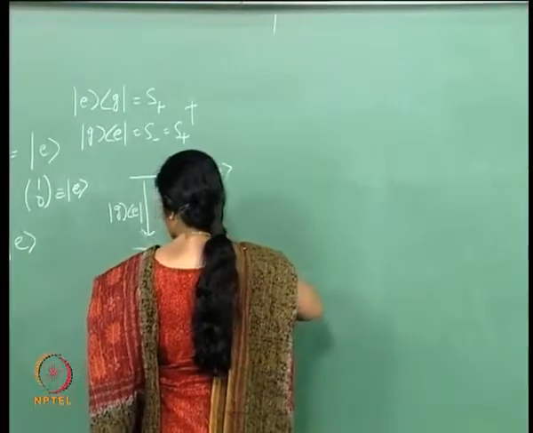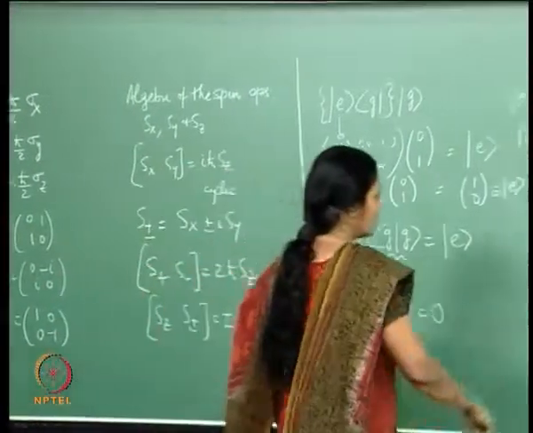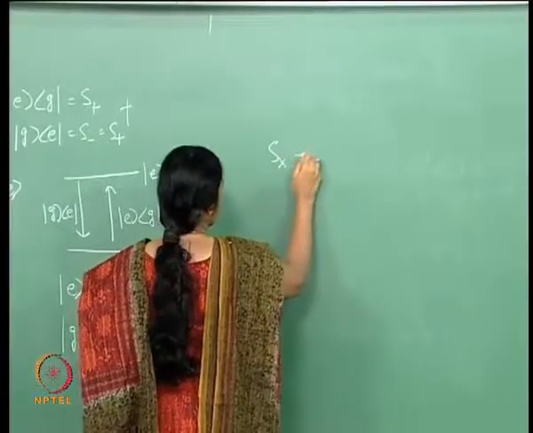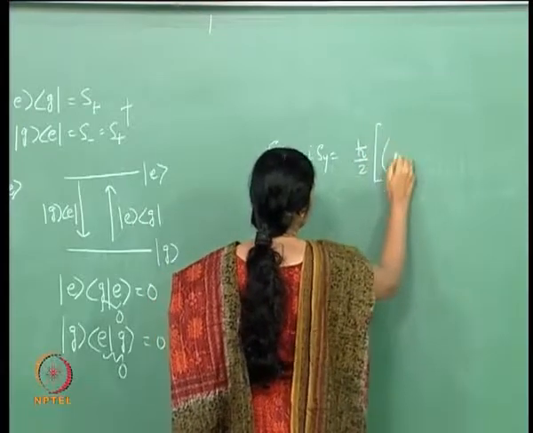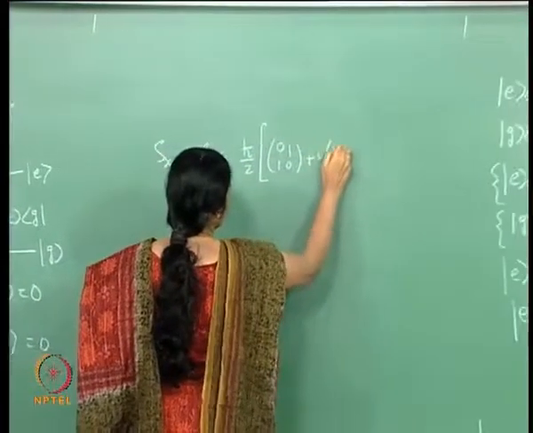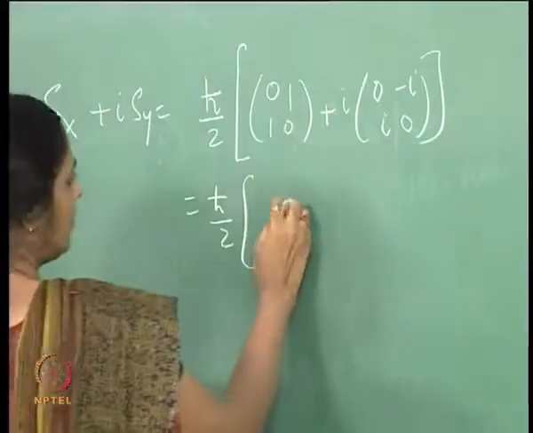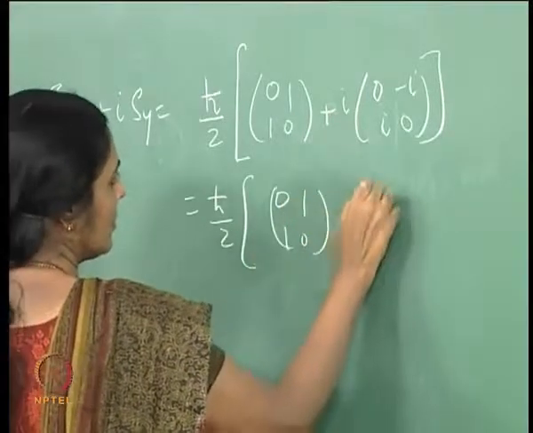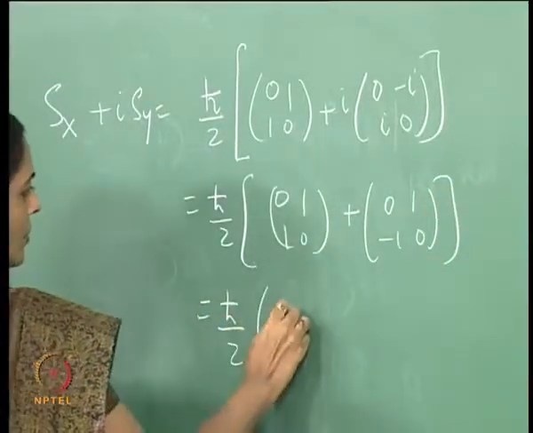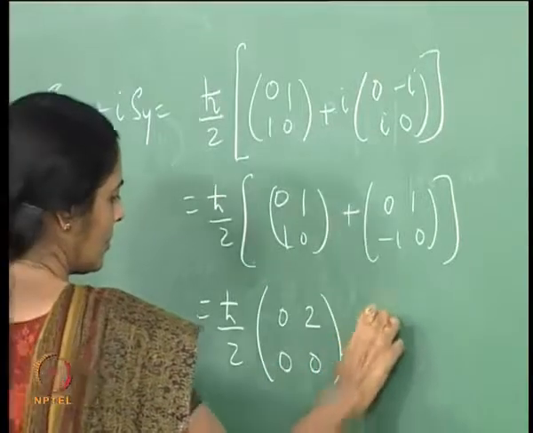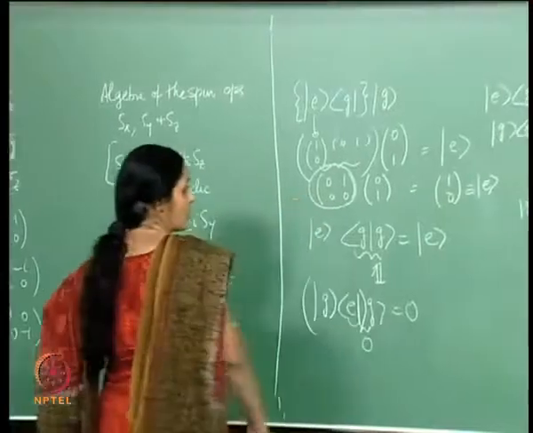Apart from a factor ħ, if you use matrix representations for S plus and S minus, you find that Sx plus i Sy, let me put in the ħ as well, and that simply gives me precisely what I have here apart from the ħ.